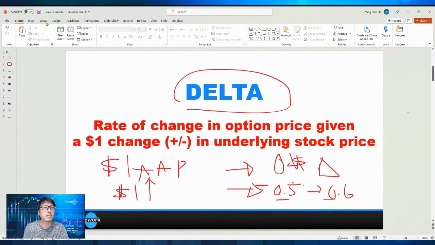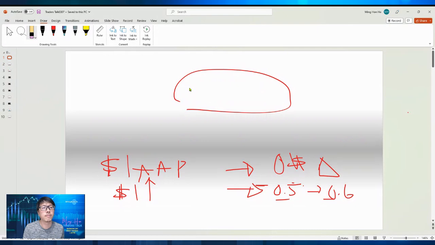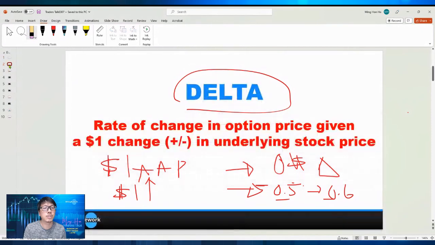Draw, erase. Very weird. Just let me troubleshoot this technical thing first.